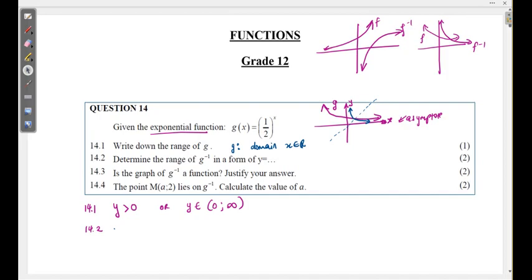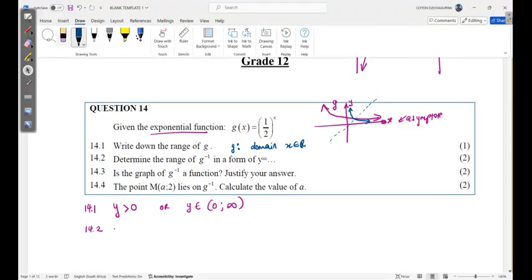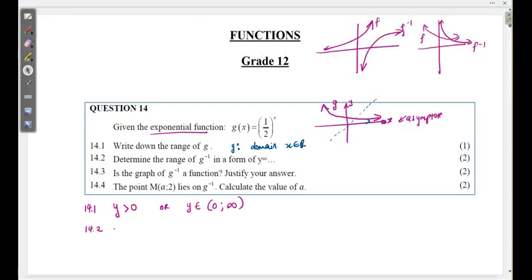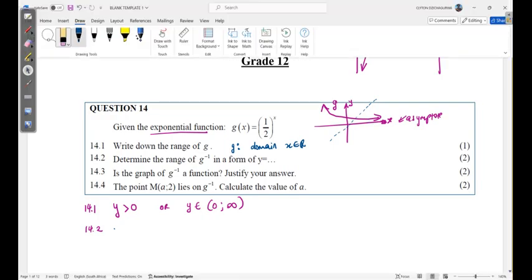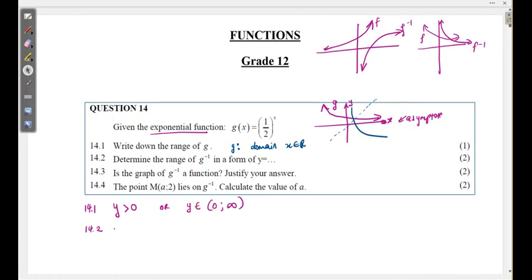Now this tells us that this graph, I should draw it properly, like this. So it means that this graph should be looking like this.